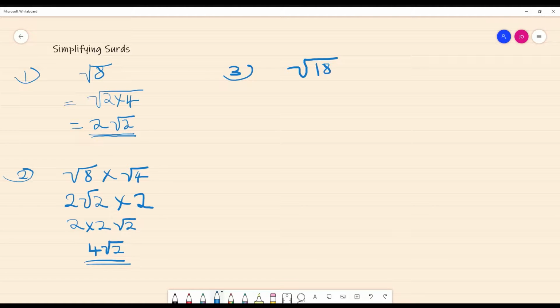Remember, simplifying means make it simple, and making it simple would mean reducing it to the simplest form. And in this case, we're going to have 2 times 9 in the square root. So here 9 is a square number, and the square root of 9 is 3. Here we have 3 root 2.